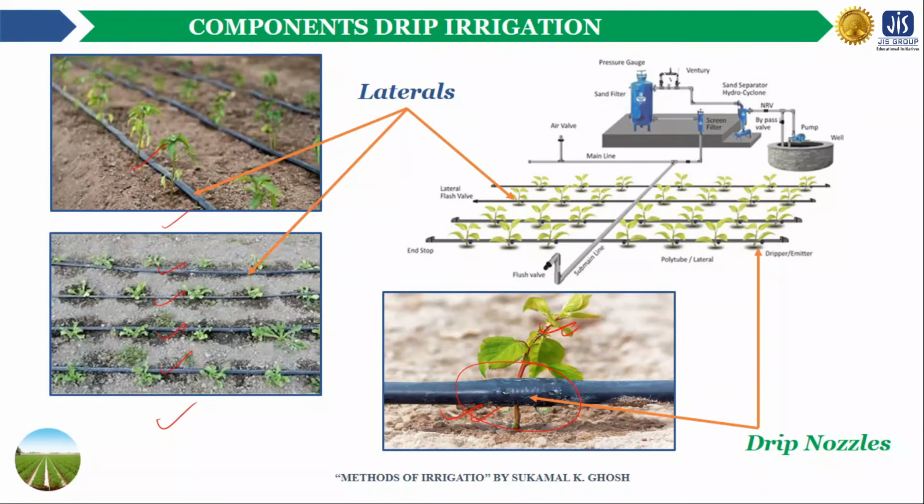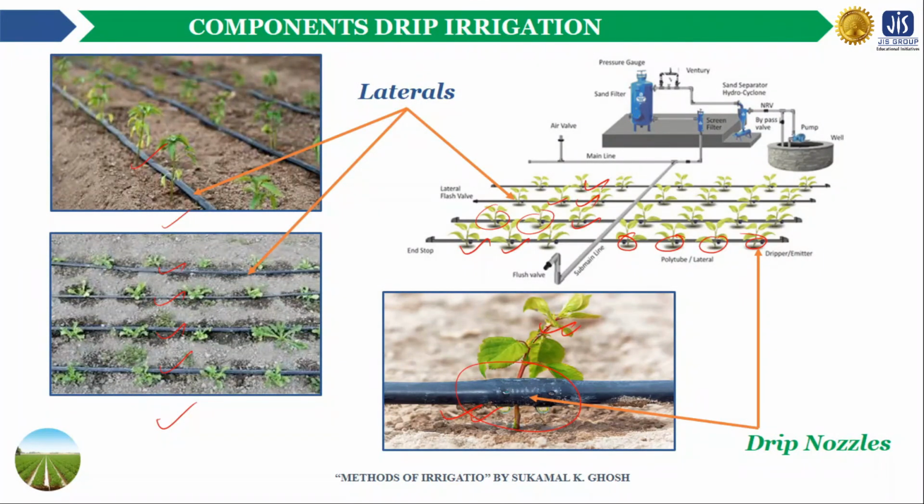Further, the emitters or the drippers are provided at regular intervals on these lateral pipelines. Okay, and the spacing of these emitters is adjusted to produce either a wetted strip along the rows of the crops or a wetted bulb of soil at every plant.